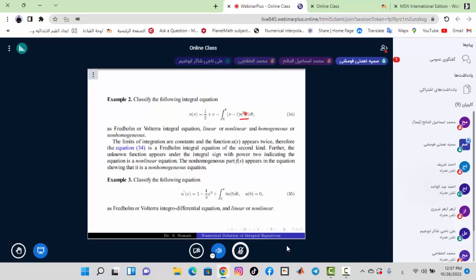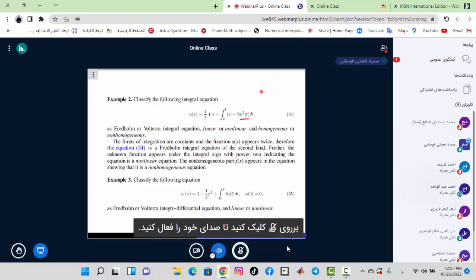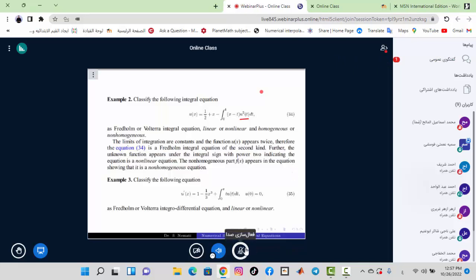Is it second kind or first kind? Second kind, exactly, because u of x is also outside of the integral sign. And about being homogeneous or non-homogeneous? Non-homogeneous, because the function f is non-zero.